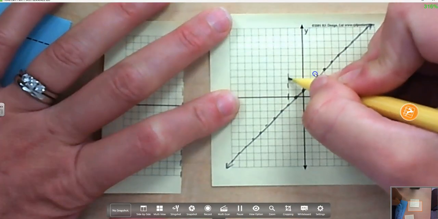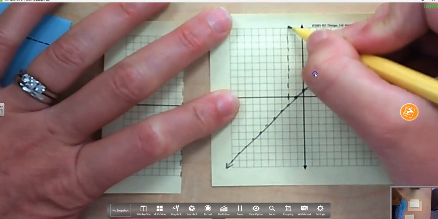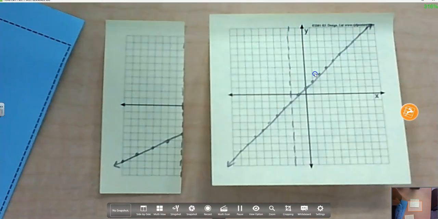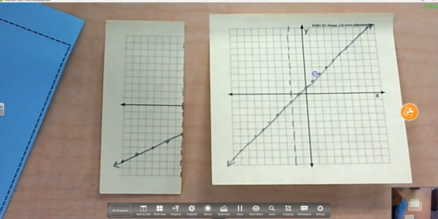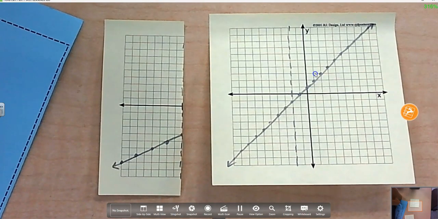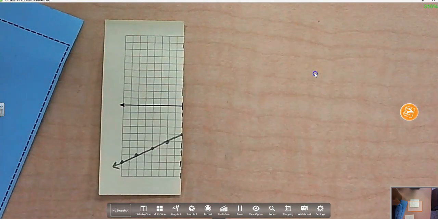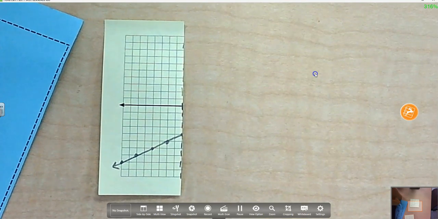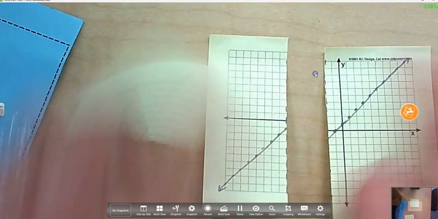We are going to put ourselves our dotted line right there. We're going to cut this graph on that dotted line.